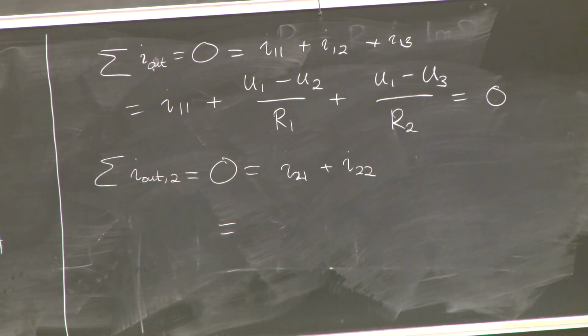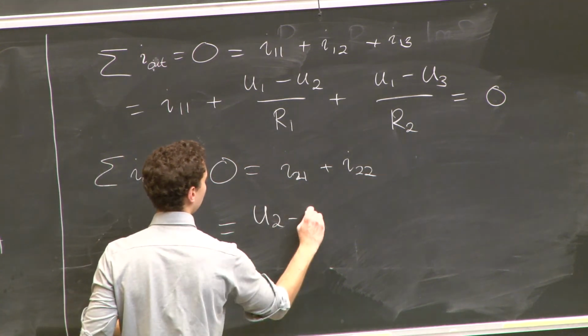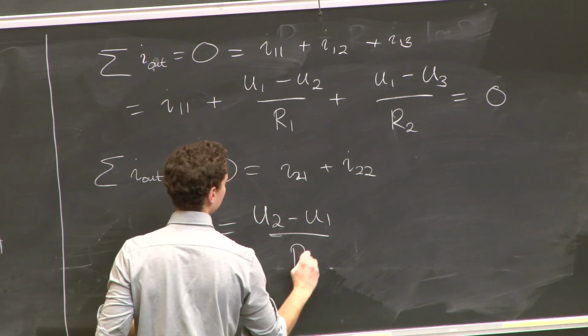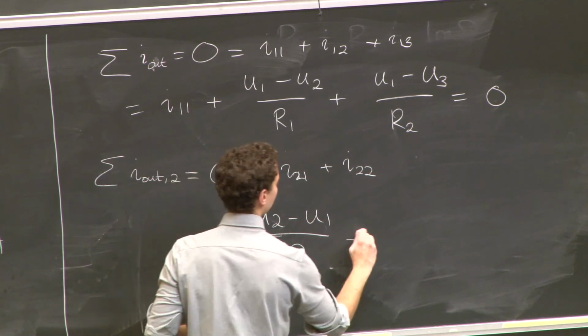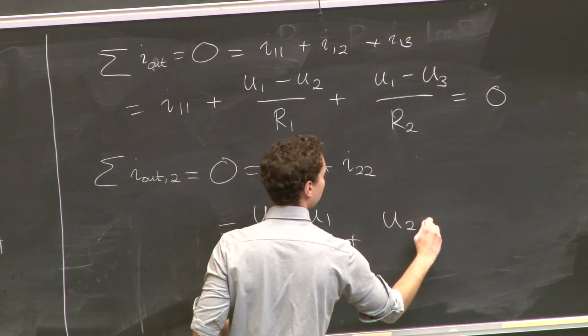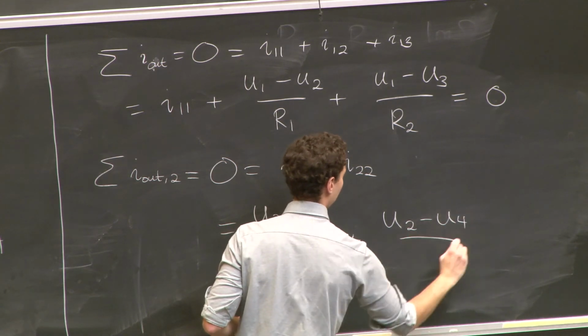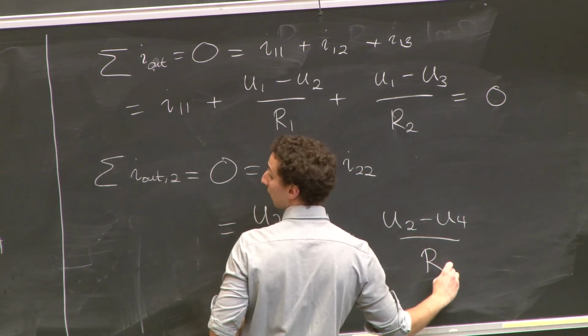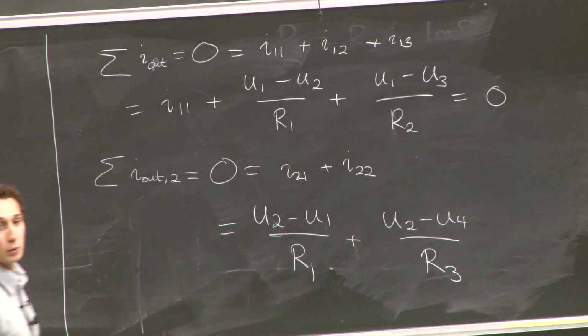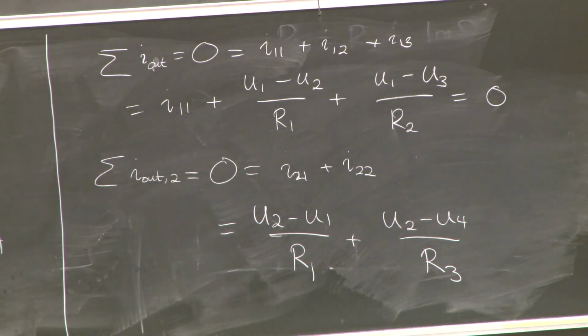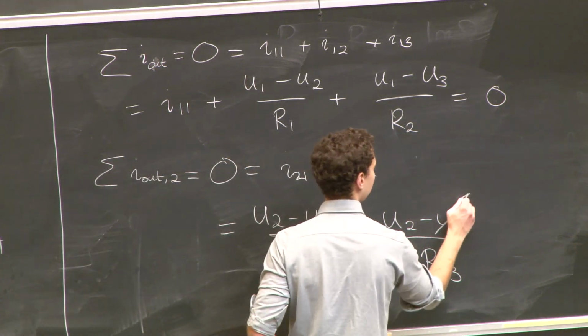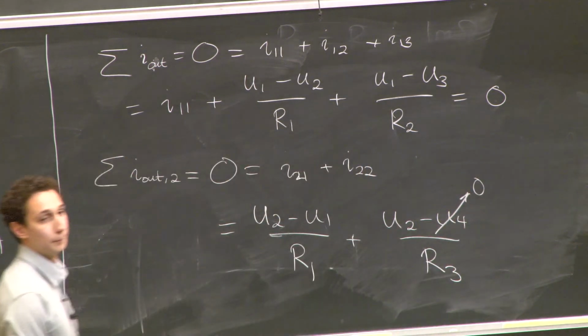That's this first current. Plus U2 minus U4 divided by R3. Now, what's U4? 0. Why? Because I made it 0. I chose this to be my ground, so this is 0. Cool.